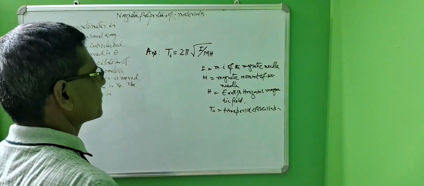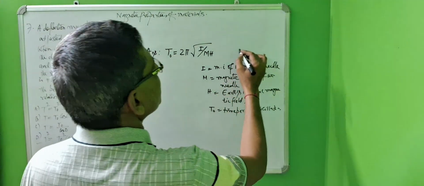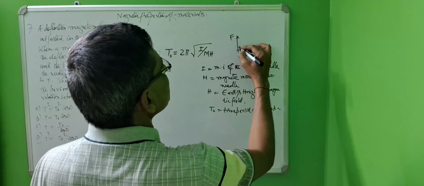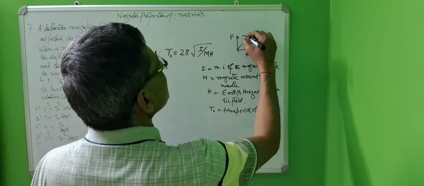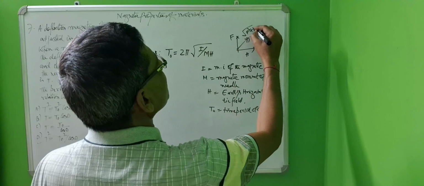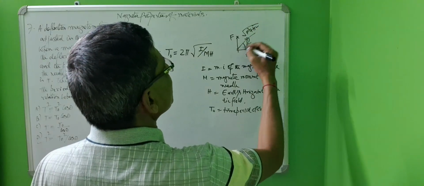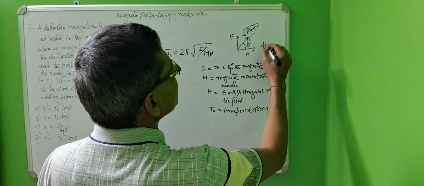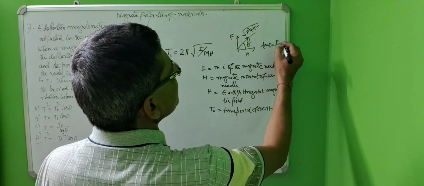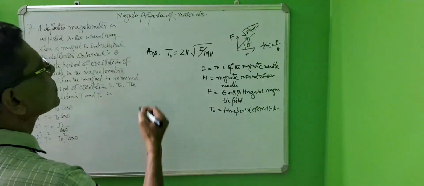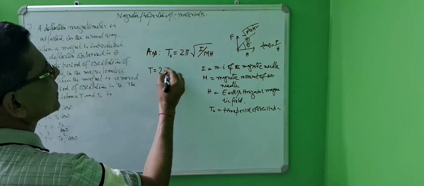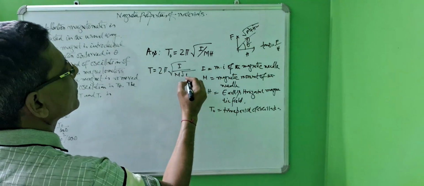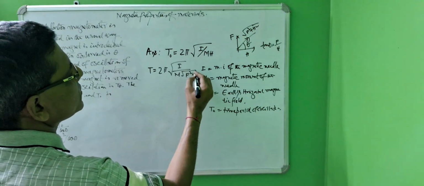When a magnet is introduced, if H is in this direction and F is perpendicular to it, then the resultant equals root over F square plus H square, and if theta is the angle made by the resultant with the horizontal, we get tan theta equals F upon H. So T equals twice pi root over I upon m root over F square plus H square.